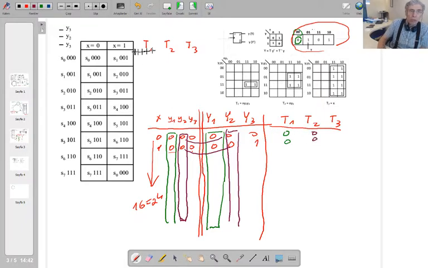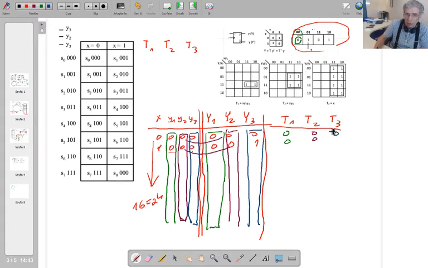And the third one, let's use another color for that, blue, let's say. For the third memory element, this is the present state and this is the next state. So T-type memory element input. When all these are 0, present state 0, next state 0, so you are here and it's going to be 0 here.